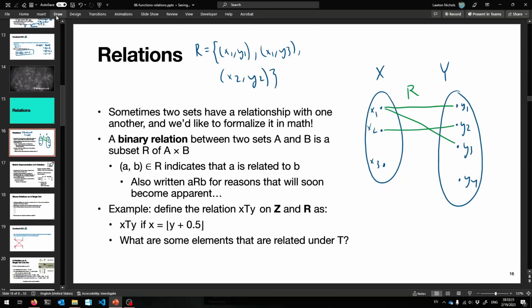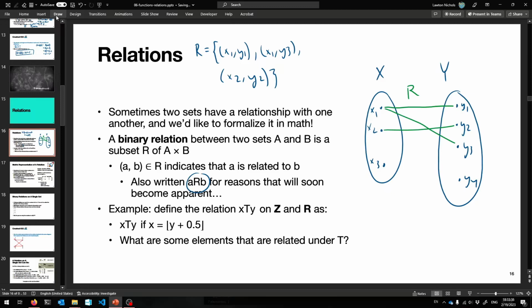So you say that A comma B is in R. That indicates that A is related to B. So x1 is related to y1, x2 is related to y2, and so on. Instead of writing it like this, using set notation, we like to use this notation instead. We put the name of the relation in between.